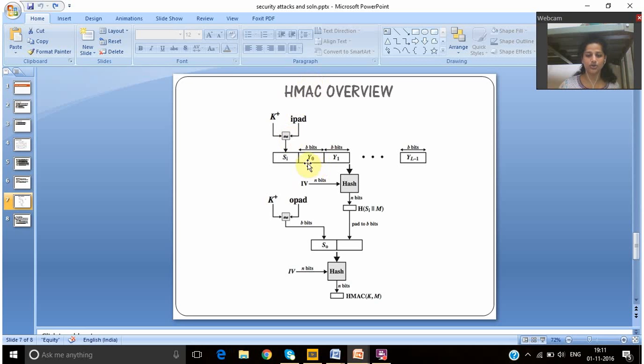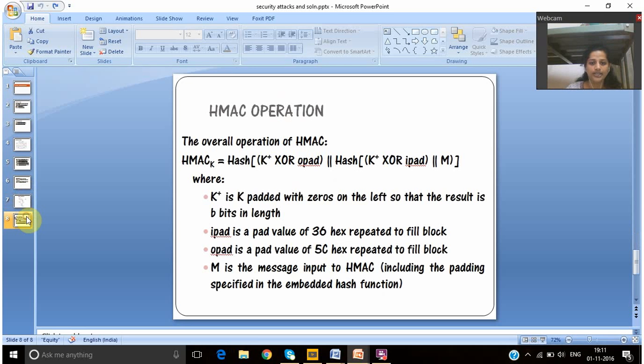This is the original message, that is Y0 to YL minus 1, and the message is divided into equal blocks of B bits each. Now the original message is appended with S1, the selection bit, and S1 is computed using the cryptanalytic factor K plus and IPAD.